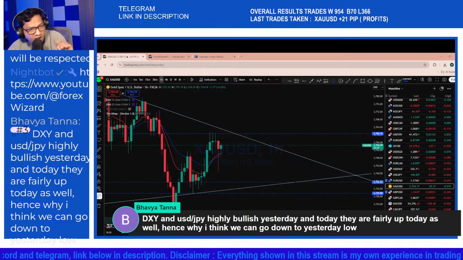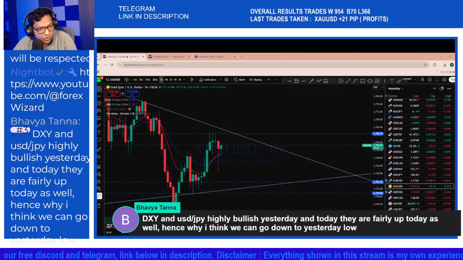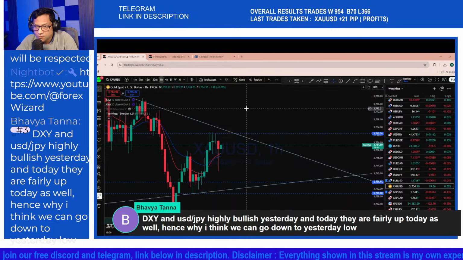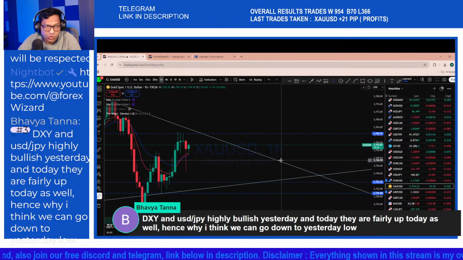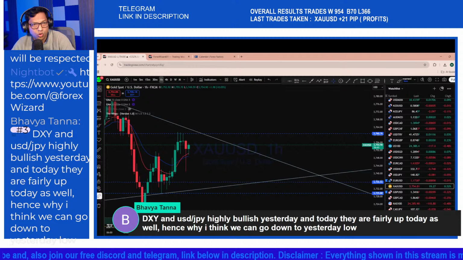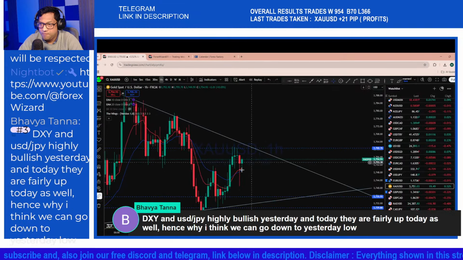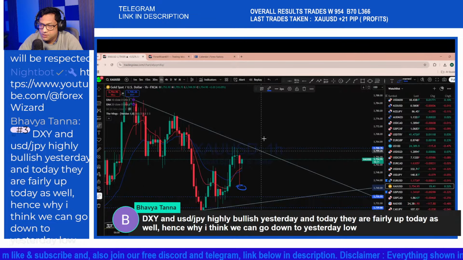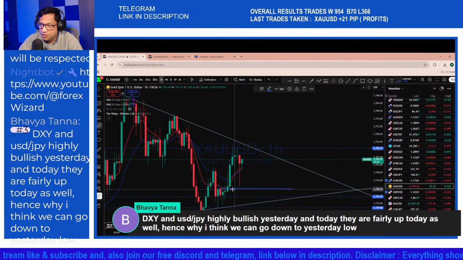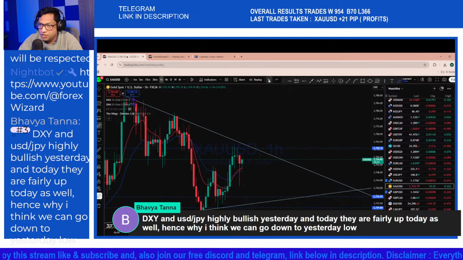DXY and dollar yen were highly bullish yesterday, and today they are fairly up as well, hence why I think we go down. So if DXY is bullish, we can expect some downside on gold, right? This is the rule of thumb. So that means here is a bounce, and from the 1-hour we can see there is a test of this support level, which is an order block, and a long wick candle on the 1-hour chart.